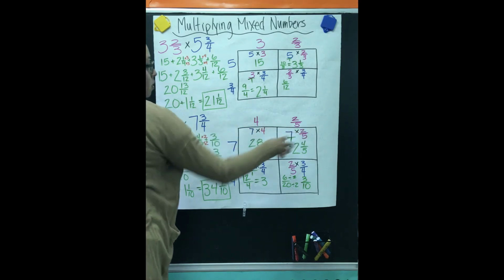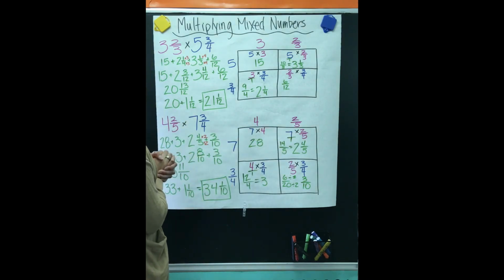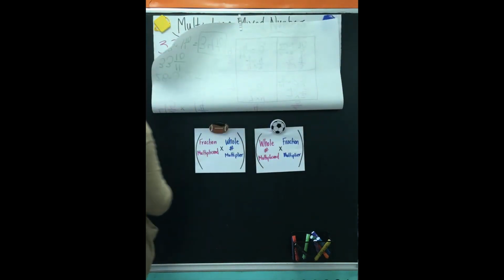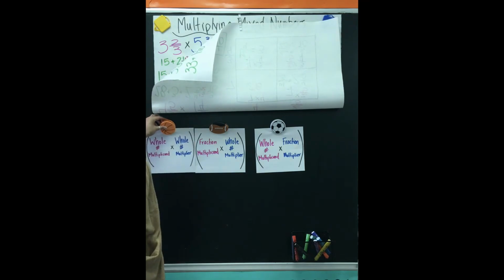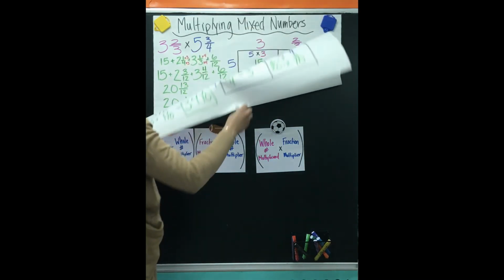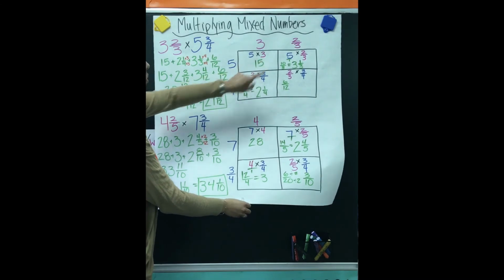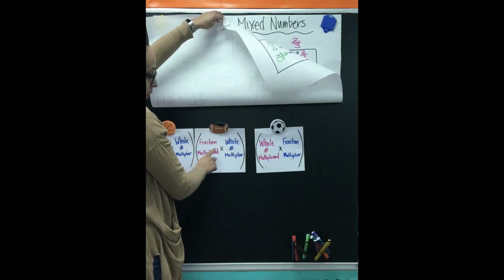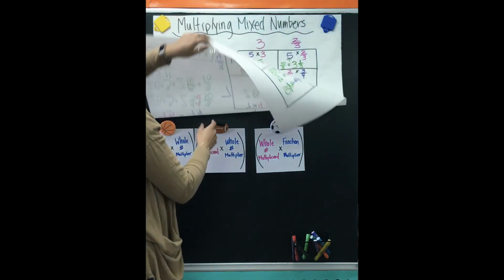But what are each one of these boxes, what do they represent? What they represent is the whole number of the multiplicand times the whole number of the multiplier.